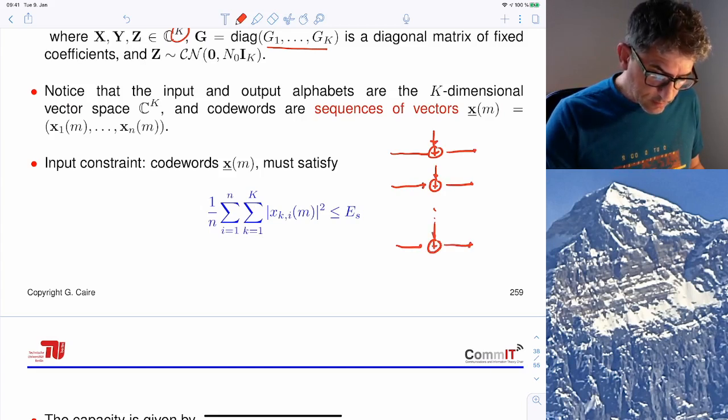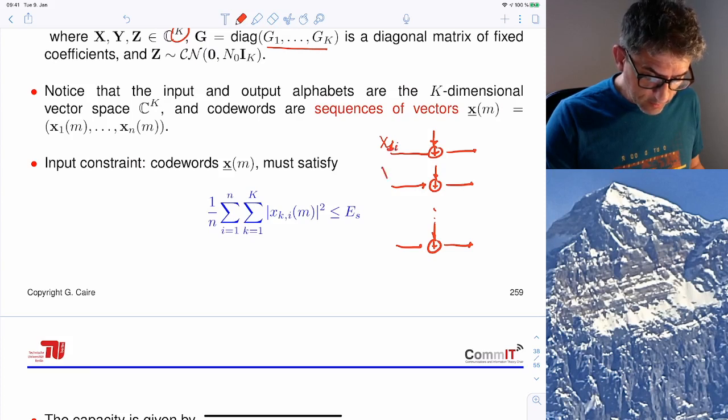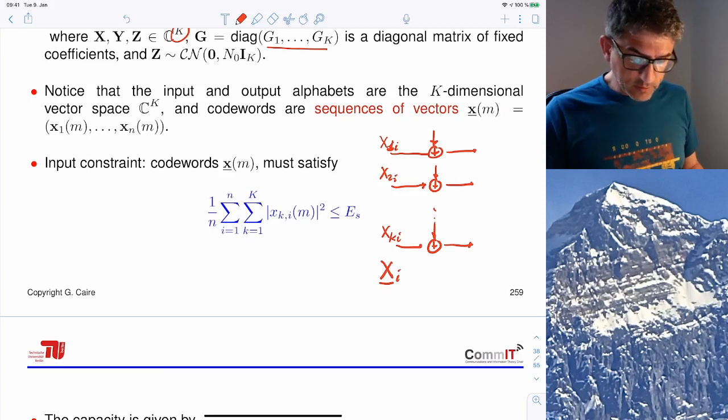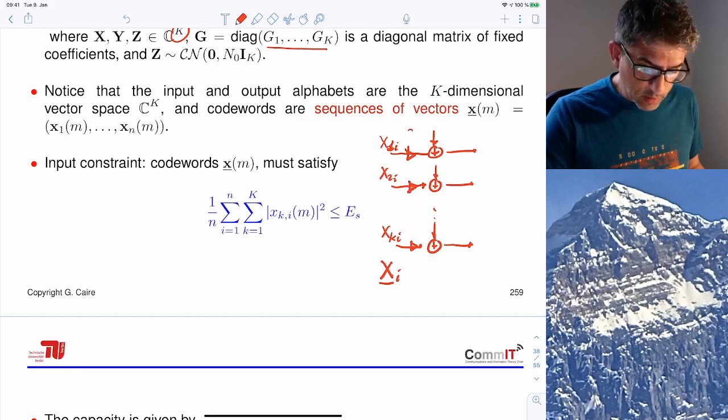We send at time i the components x1i, x2i, xki. So these form the input vector of the channel. Each of these components is attenuated by a different coefficient. So here there will be coefficients g1, g2, gk.